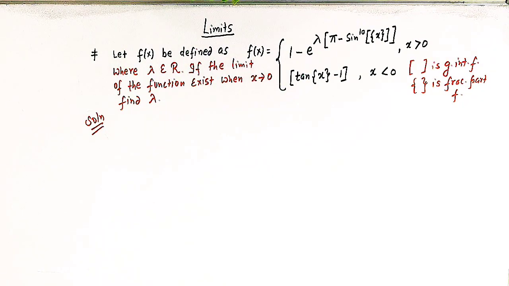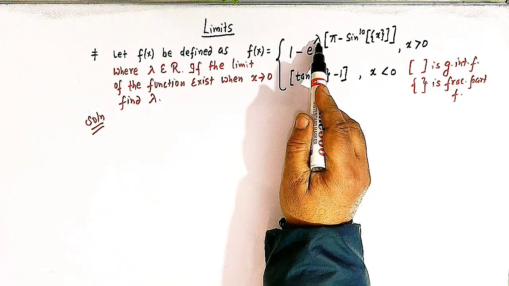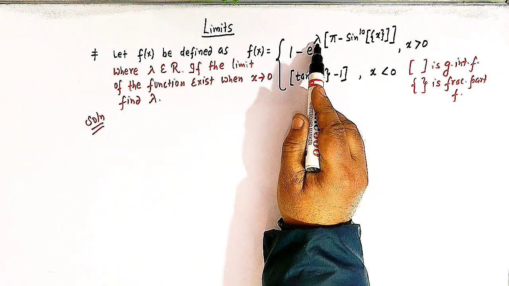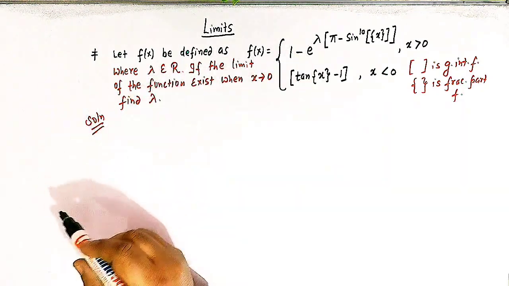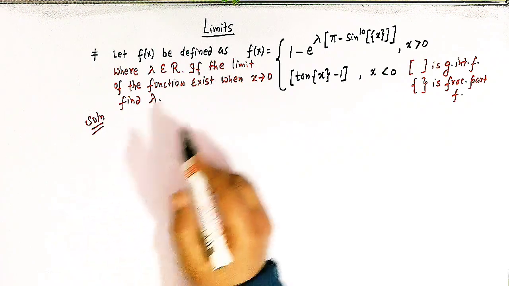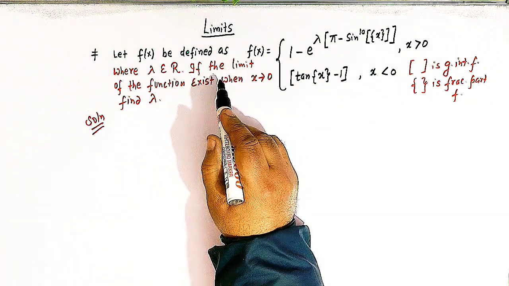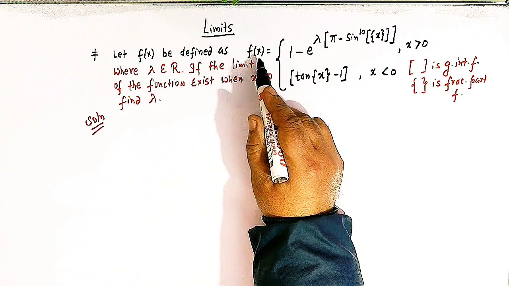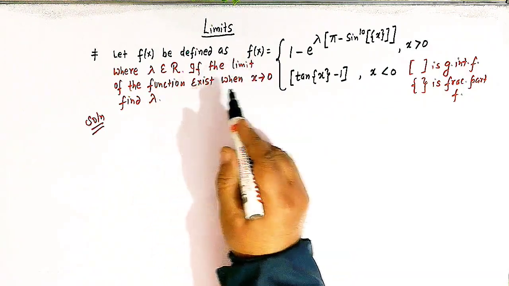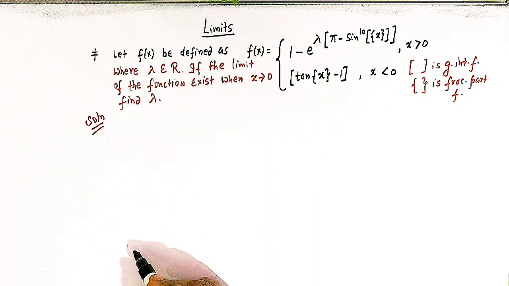So let us see how we can solve this problem and how we can find out the value of this number lambda, which belongs to the set of real numbers, right? And here we are given that the limit of this function f of x exists when x tends to 0, right?